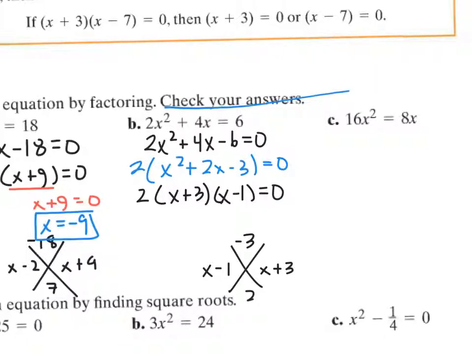So I'm going to set each one of these factors equal to 0. So I'm going to have x equals negative 3 and 1. Because if I solved x plus 3 equals 0 and x minus 1 equals 0, I have negative 3 and 1. And I'm not going to set 2 equal to 0 because 2 doesn't equal 0.